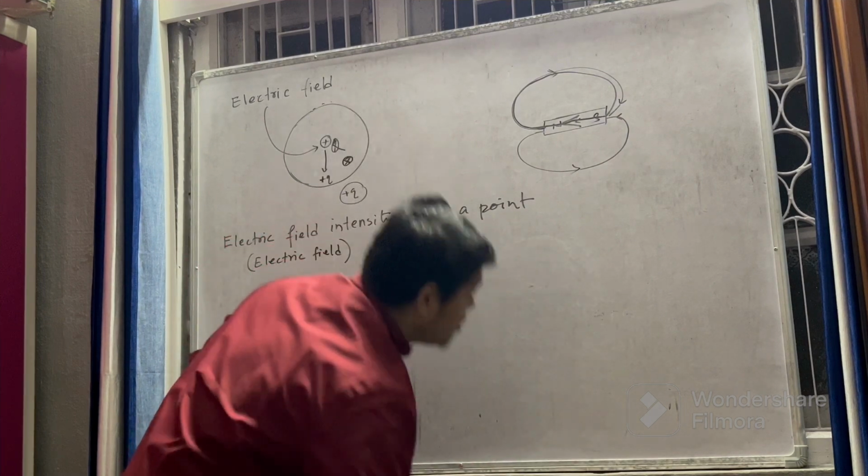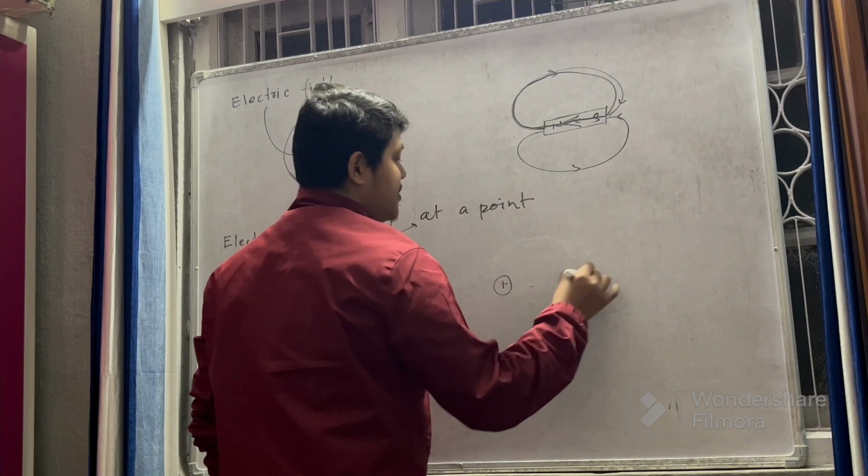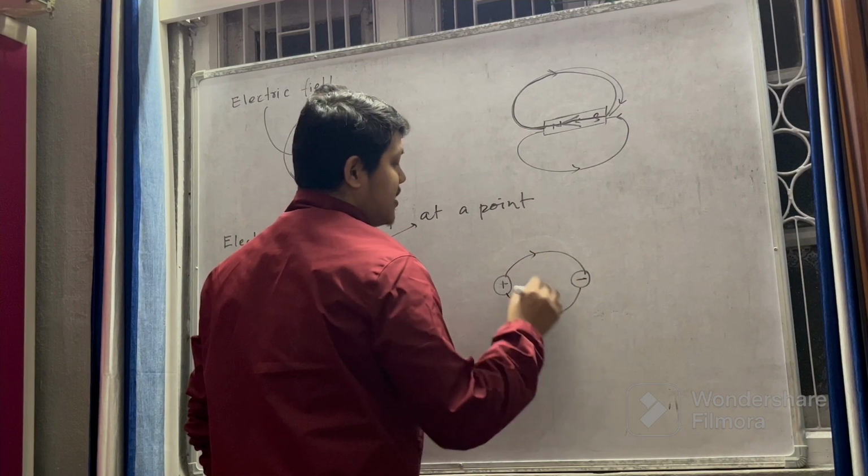Now you see, suppose this is a positive charge and this is the negative charge, and this is an electric field line. Suppose this is another electric field line, and this is another.